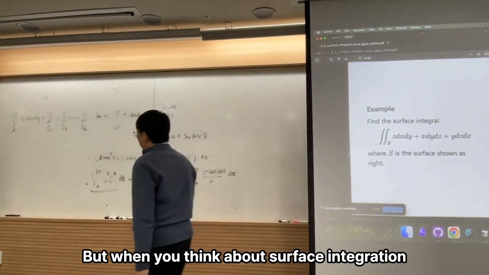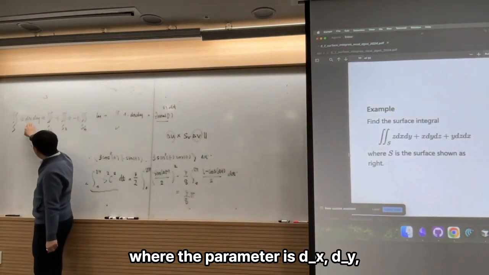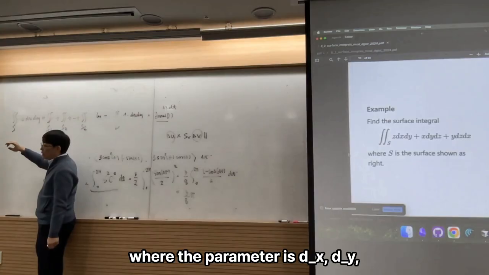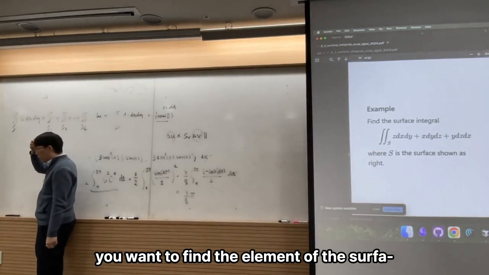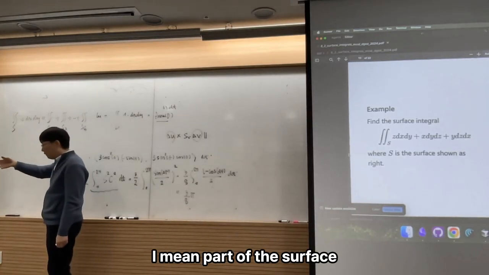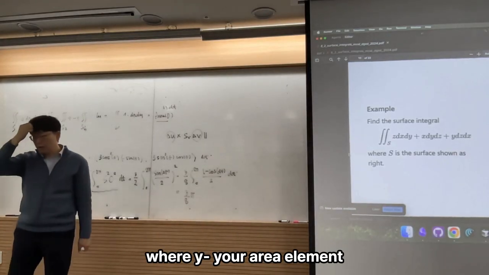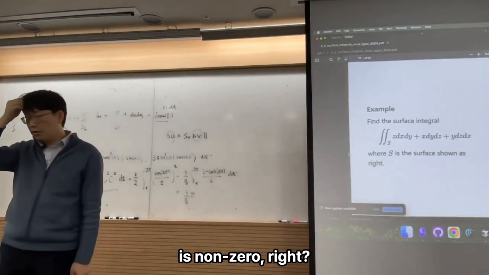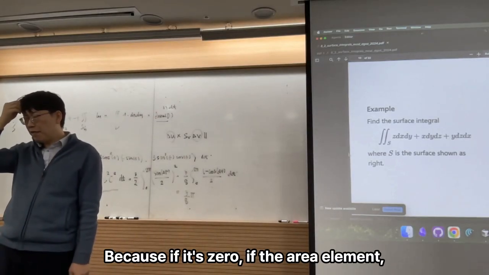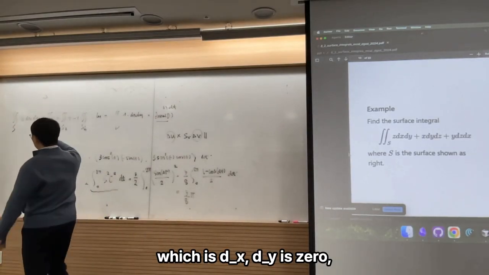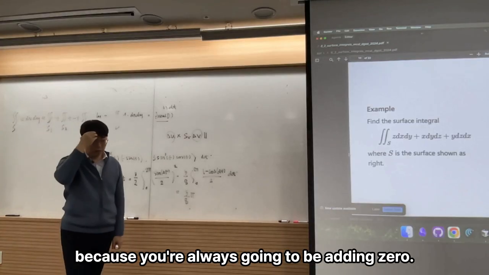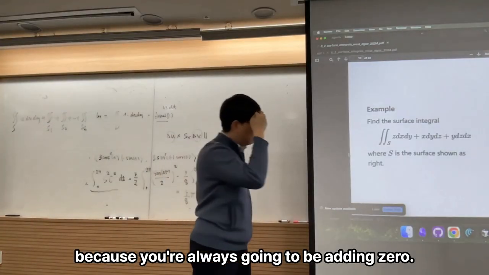But when you think about surface integration where the parameter is dx dy, you want to find the part of the surface where your area element is non-zero. Because if the area element, which is dx dy, is 0, there's no point of integrating, because it's always going to be adding 0.